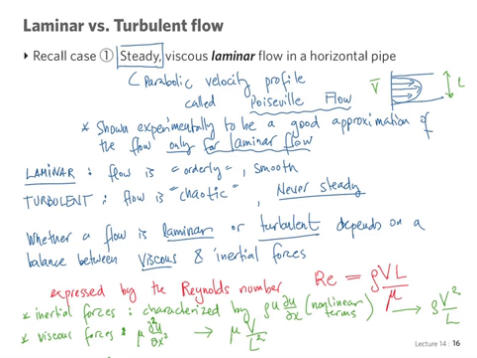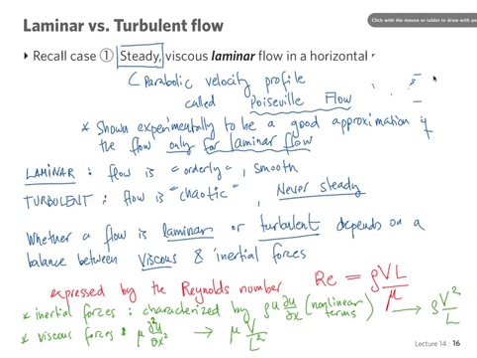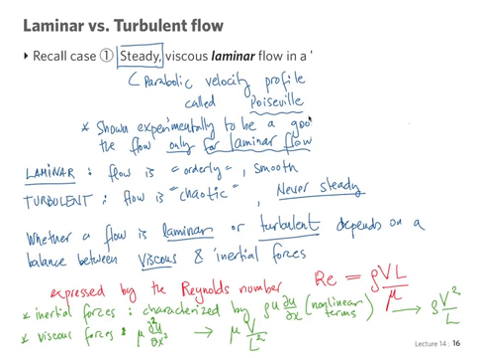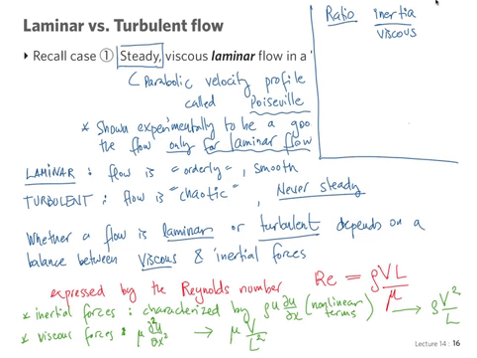And so if we want to write a ratio between the two, a ratio between inertia and viscous forces, it's going to be rho v squared over L, and viscous forces is mu v over L squared, and you see that I get the Reynolds number, right?